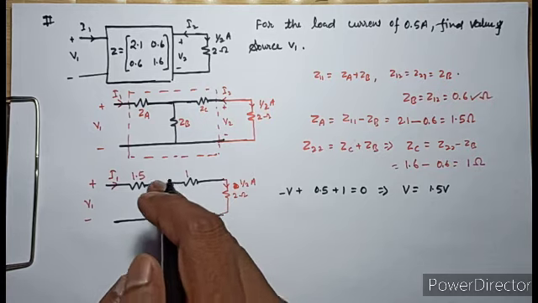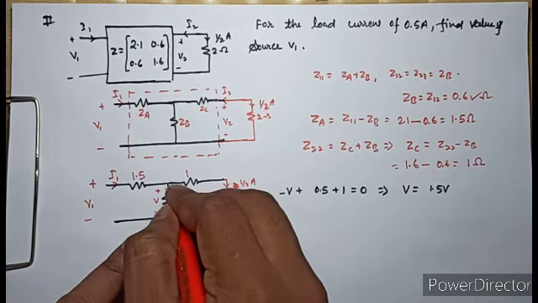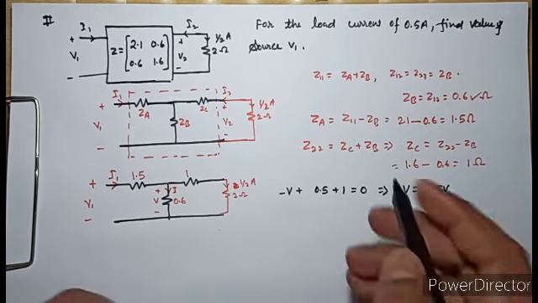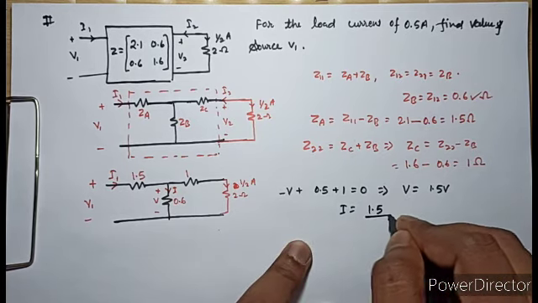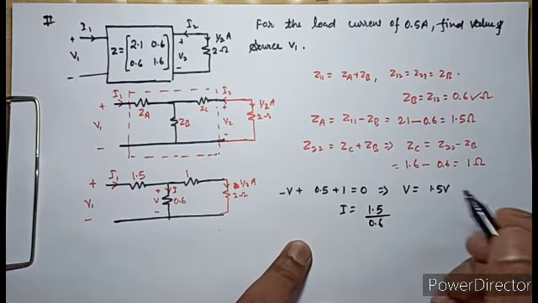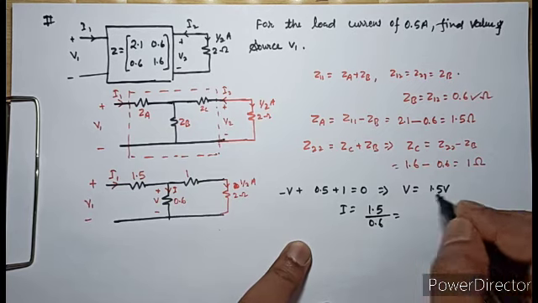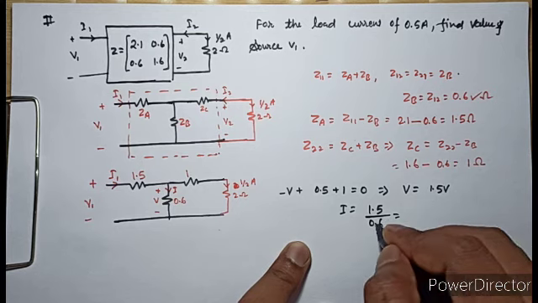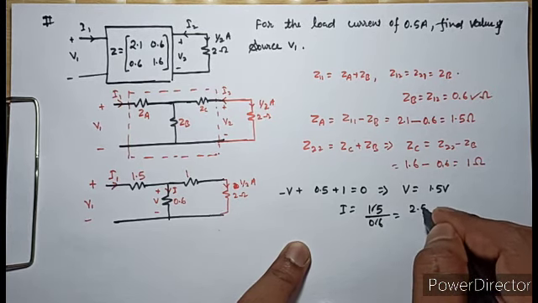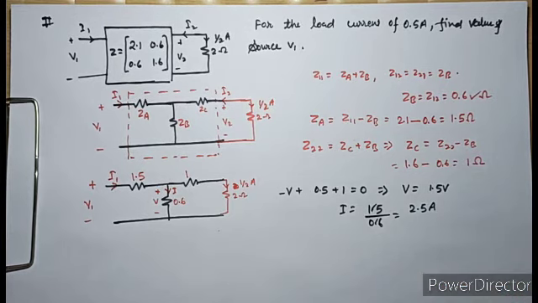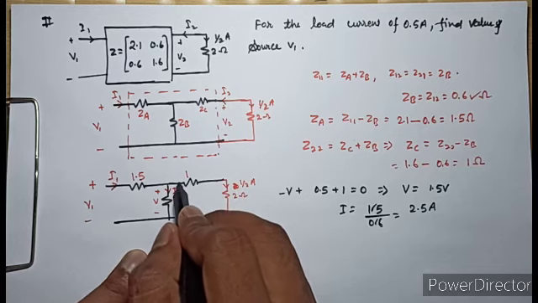Now if it is 1.5 volt, what will be this I? I will become 1.5 volt divided by 0.6, which is nothing but 2.5 ampere, right?